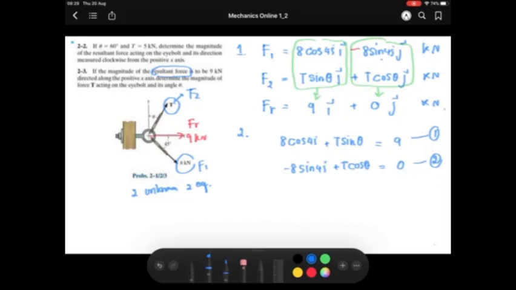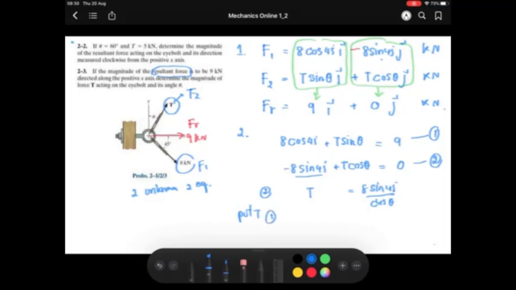Maybe we start with equation number 2 first. If I move this term to the opposite side, I get T cos theta equal to 8 sin 45, and then I move cos theta to this side and substitute T into equation number 1.